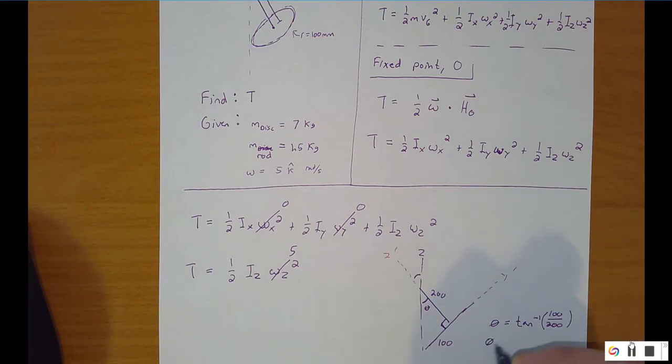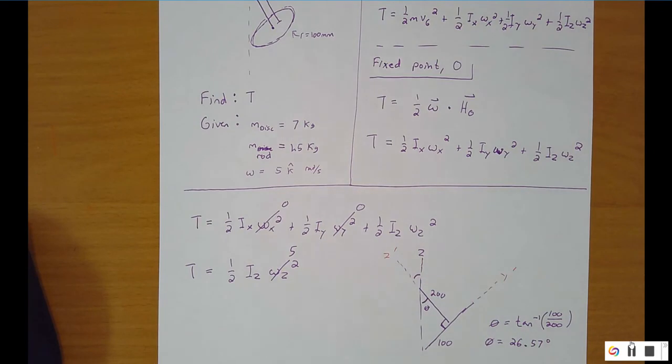When you plug it into your calculator, theta will be 26.57 degrees, rounded to 4 sig figs here. And if we need our hypotenuse, we can find that as well. It is 223.6 using the Pythagorean theorem.